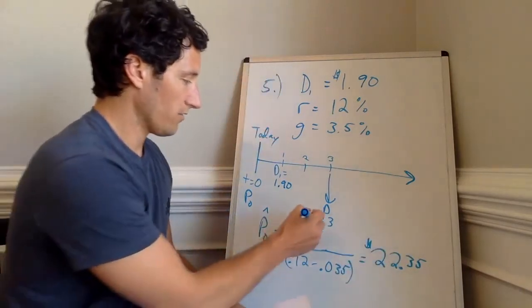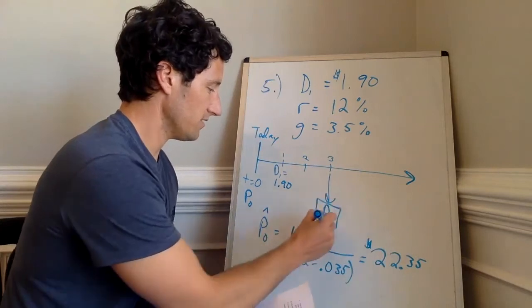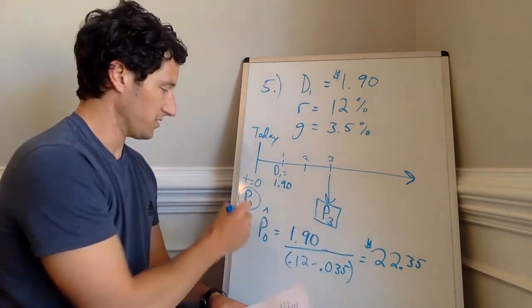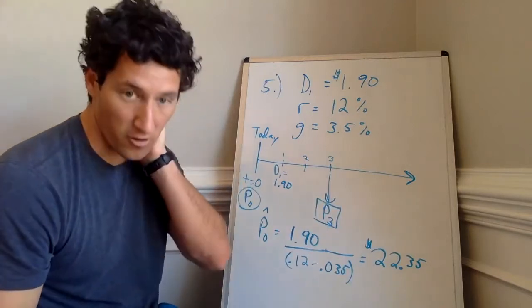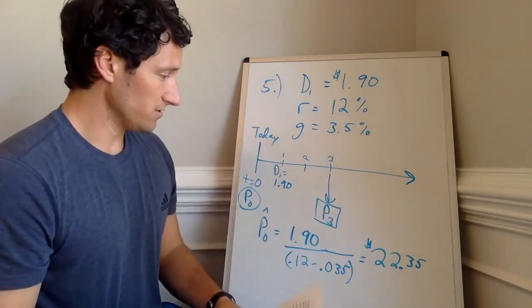All right, now how do we figure out this? We've got P0, we've got this part. How do we figure out P3? 3 years from now, what will this stock be worth? So we can use our same formula.